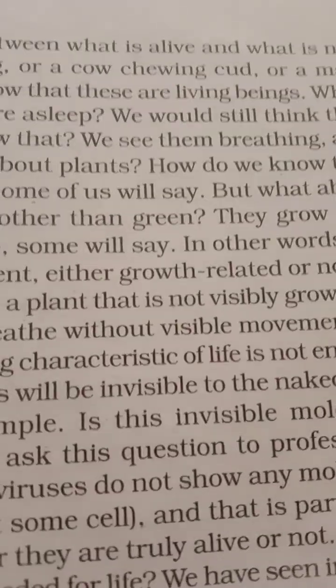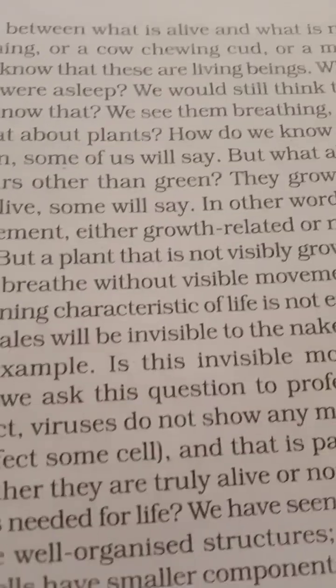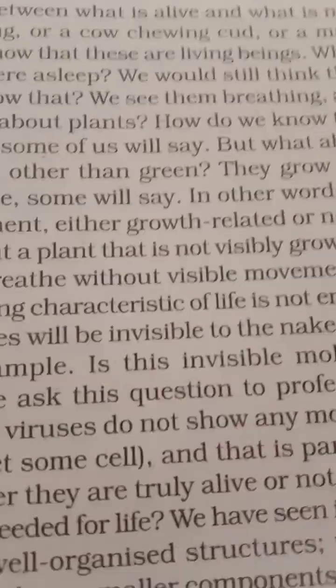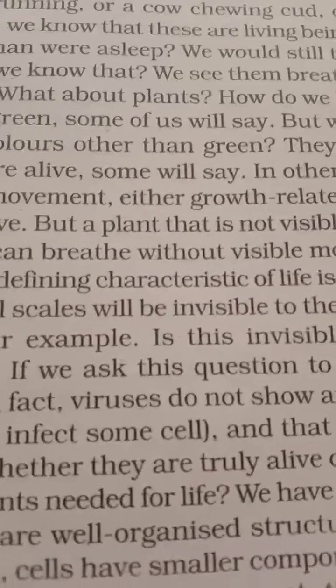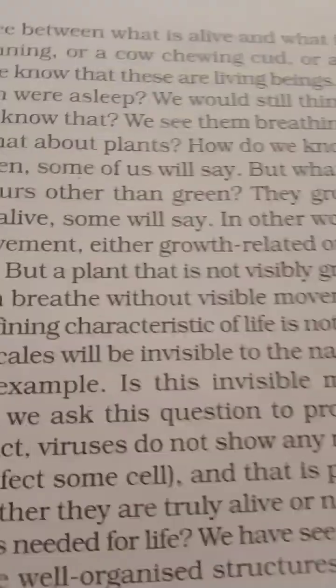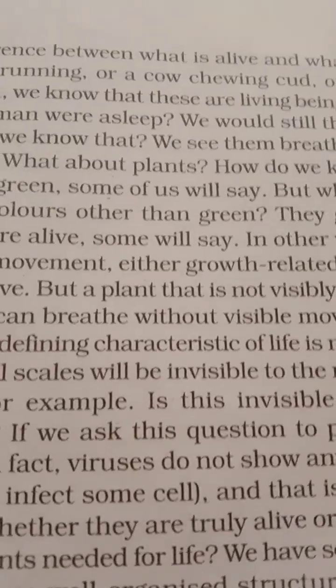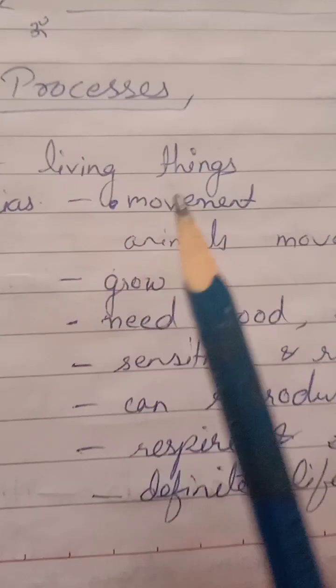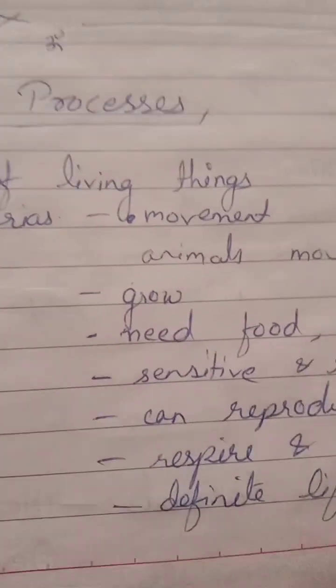For example, bacteria, insects, small microorganisms, plants, animals, many living organisms are there. So how can you identify whether they are living or not? We have different criteria for identifying.